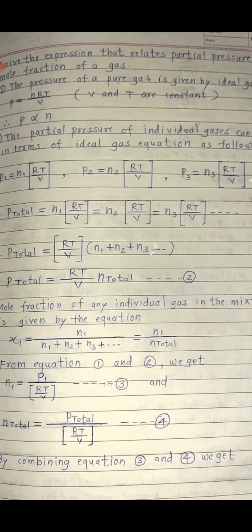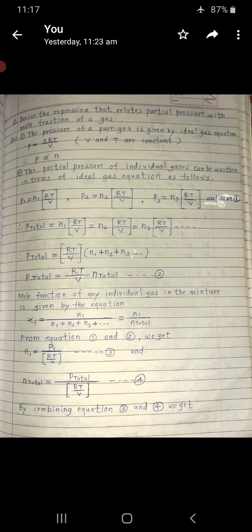Now, the partial pressures of individual gases can be written in terms of the ideal gas equation as follows.